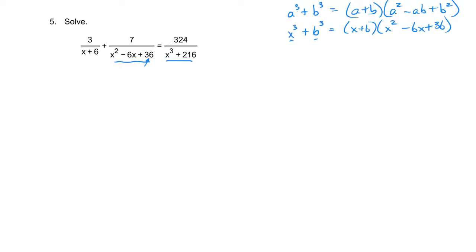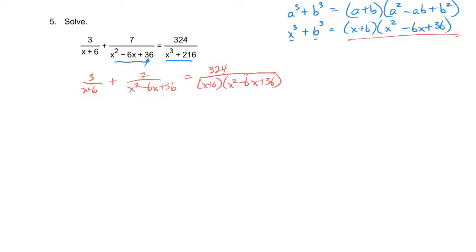So let's rewrite. Let's factor this and rewrite it. So 3 over x plus 6 plus 7 over x squared minus 6x plus 36 is equal to 324 over this: x plus 6, x squared minus 6x plus 36. So now my lowest common denominator is going to be both of those terms, because that's what these are.